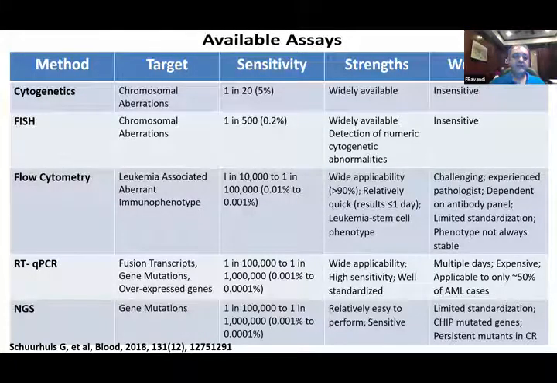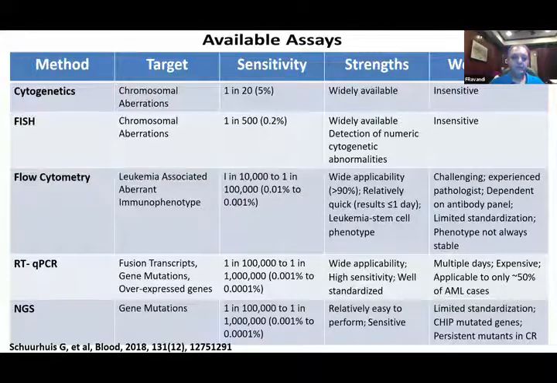This is from the European LeukemiaNet guidelines paper that was published a couple of years ago. And actually there is an updated version, which I'm part of, coming up fairly soon. And you can see there are a number of different assays that you can use to assess residual disease, residual leukemia.